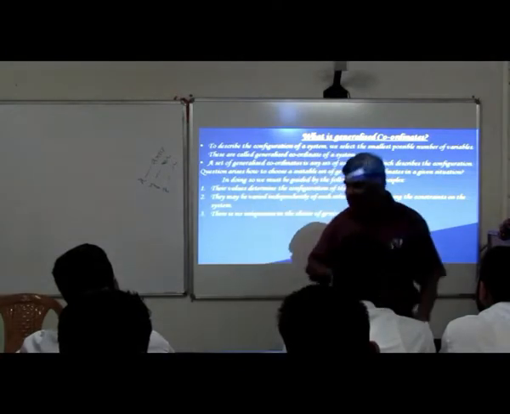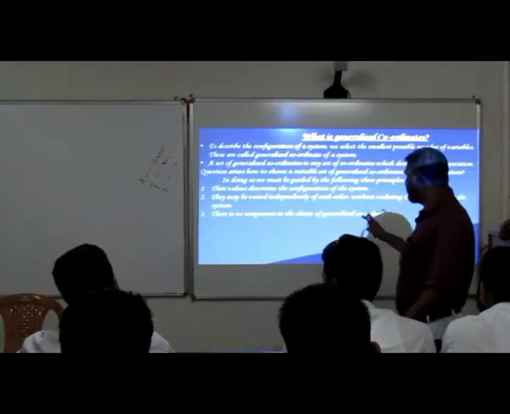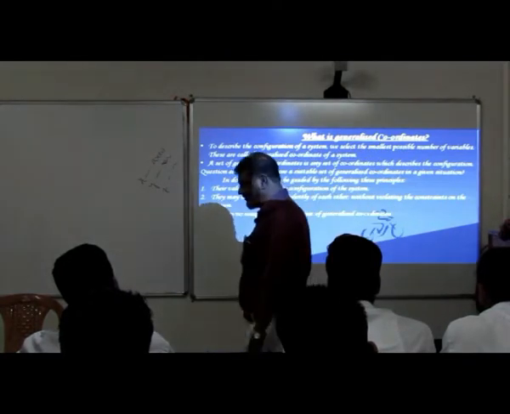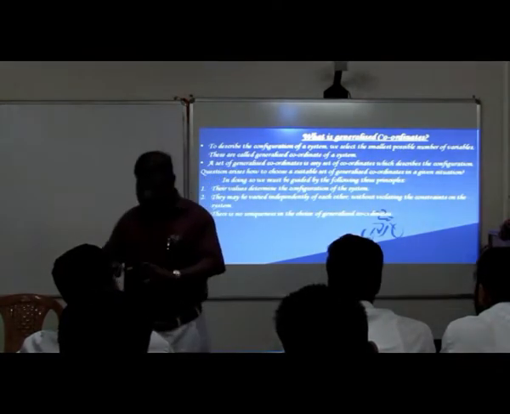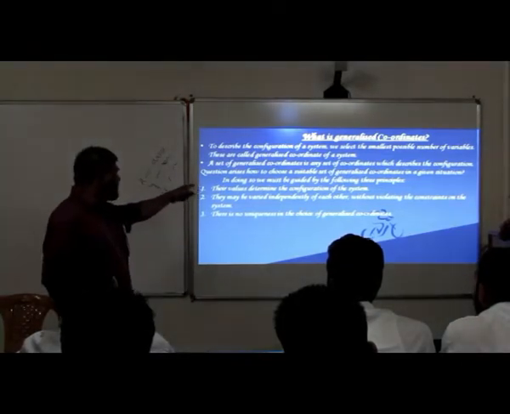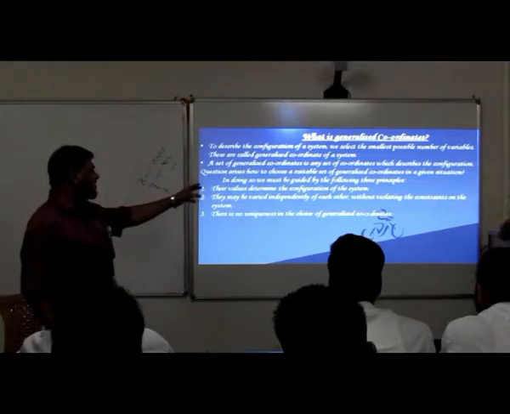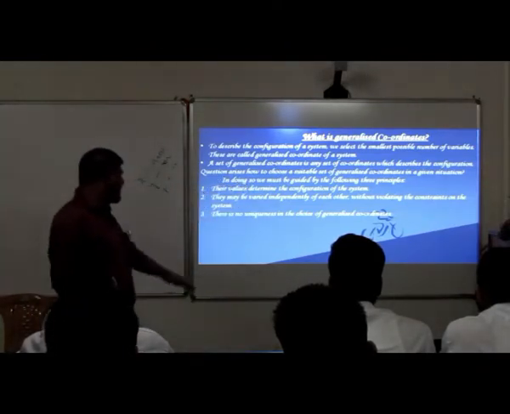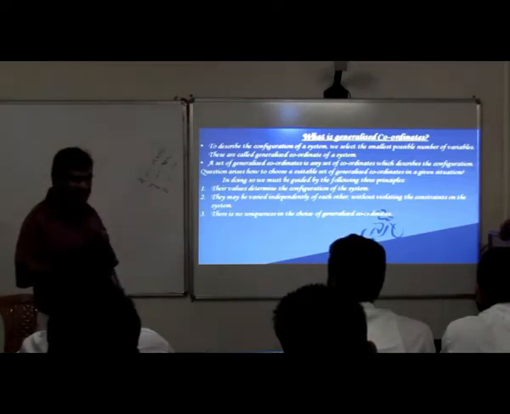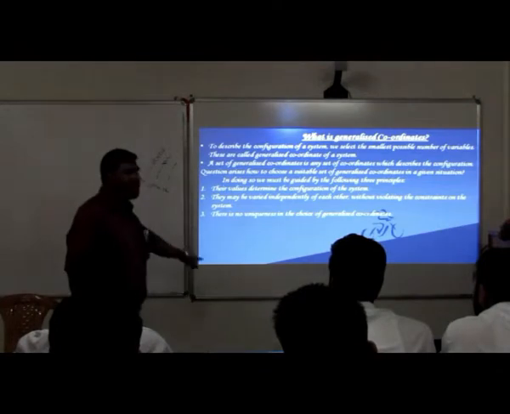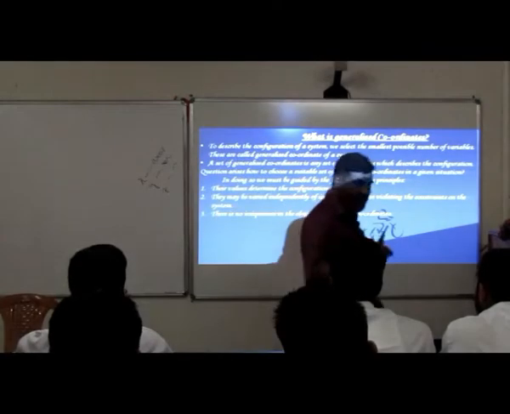And number three, there is no uniqueness in the choice of generalized coordinates. The question arises how to choose a suitable set of generalized coordinates in a given situation. The answer is to be guided by these three principles. Okay? Any doubt?